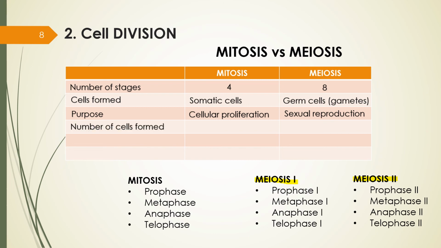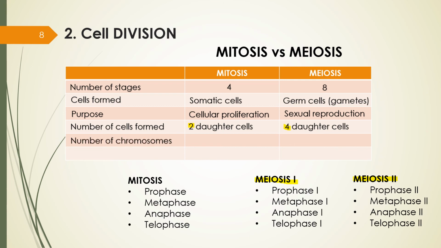And how many cells per each mother cell do I form? So if I have just one mother cell, how many cells are formed in mitosis? 2 daughter cells. And for meiosis, how many? 4 daughter cells. Very good. So mitosis forms just 2 and meiosis 4, but they are different.